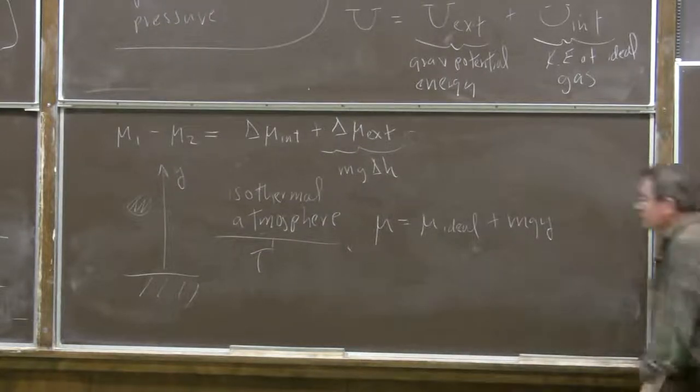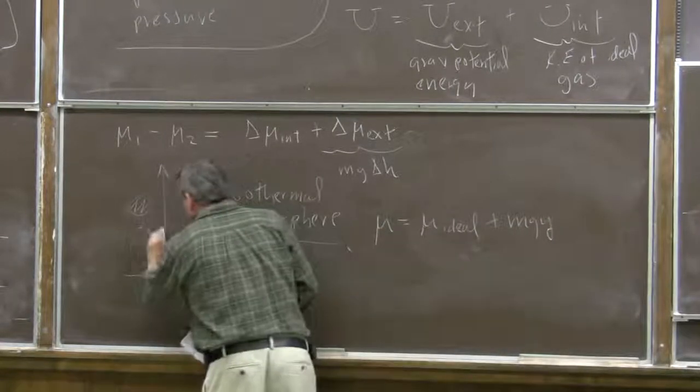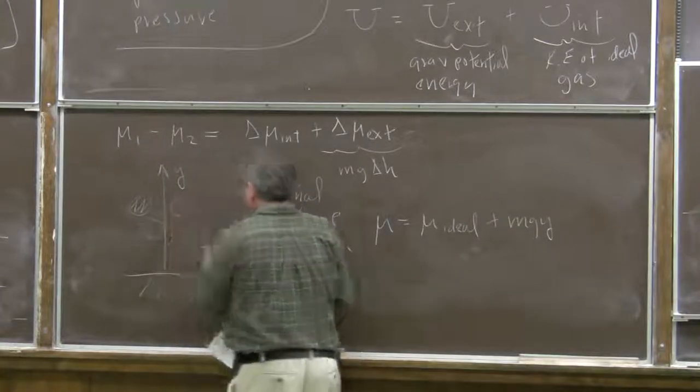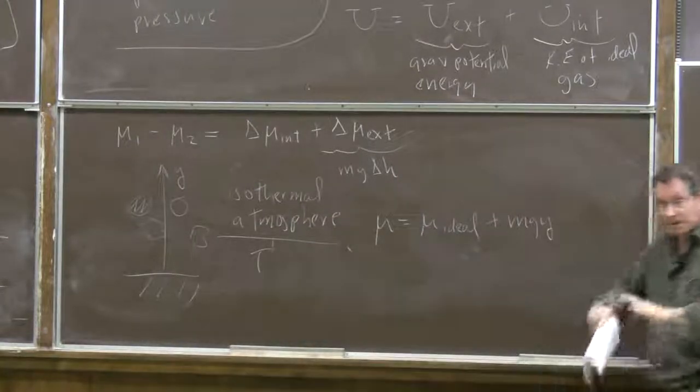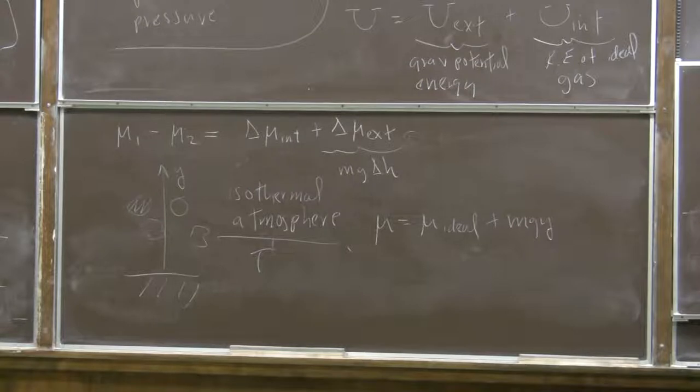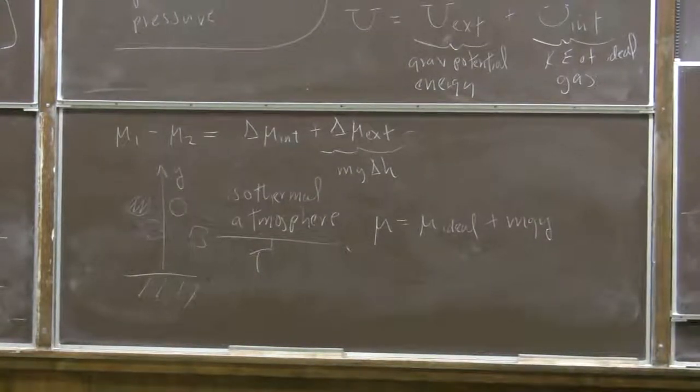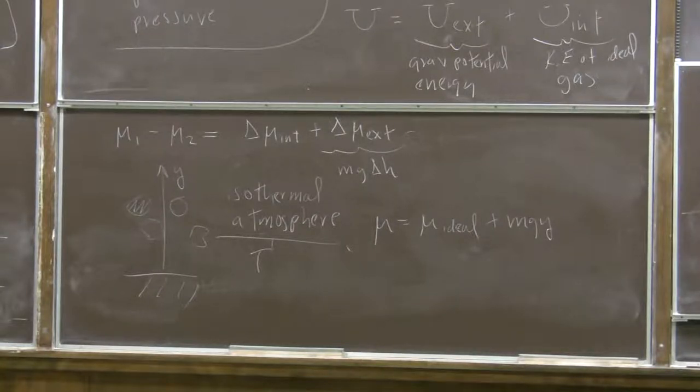I can think of the gas at different heights as being in diffusive contact. Since the molecules can migrate from one height to another, they can go up or go down by diffusion. So when the atmosphere is in diffusive equilibrium, the chemical potential will be the same at each height. That's the total chemical potential consisting of the internal part and the external part.